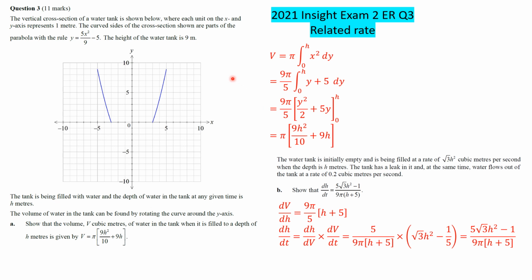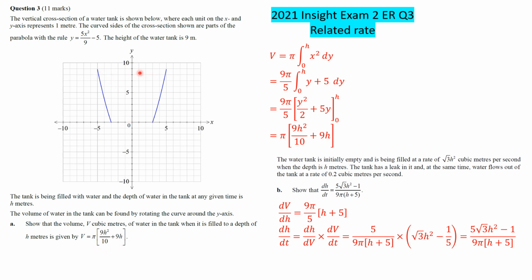Next problem is on related rates of change. In this case you've got a curve, and if you rotate that curve around the y-axis, you will form a volume. We need to show that the volume is given by this, where h is the height.